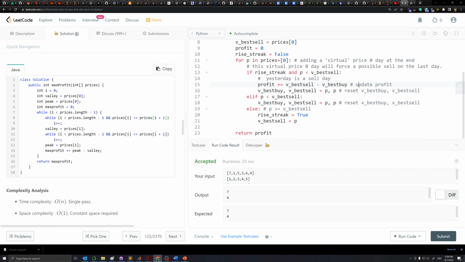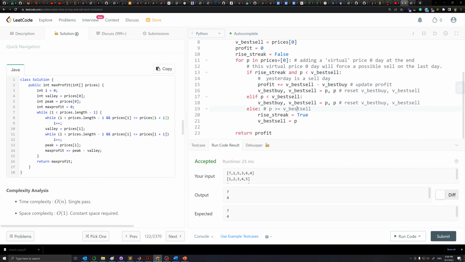And then we say, okay, if we weren't on a rising streak, but today is a price drop, then we're still gonna reset our best buy and best sell in any way, because it's not a buy. We're not at the next buying point yet. And else, meaning the stock price is rebounding again, then the rise streak is gonna start.